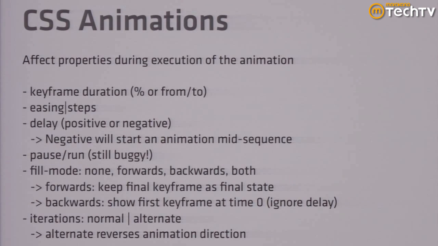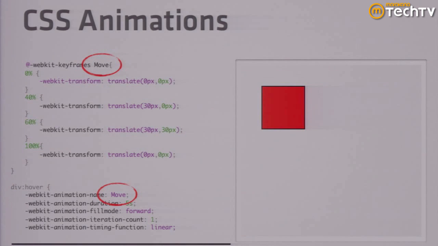So CSS animations. Oh, here we go. I explained it. So this is how you write a CSS animation. You go @-webkit-keyframes, and soon, hopefully, @-moz-, @-o- and @-ms-. You name your animation move, so you can actually reuse the same animation pattern across multiple style sheets or multiple objects.